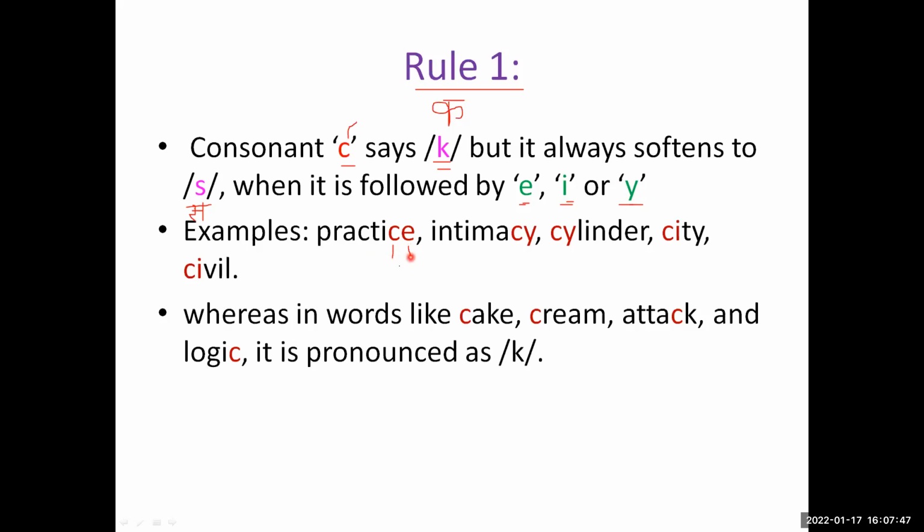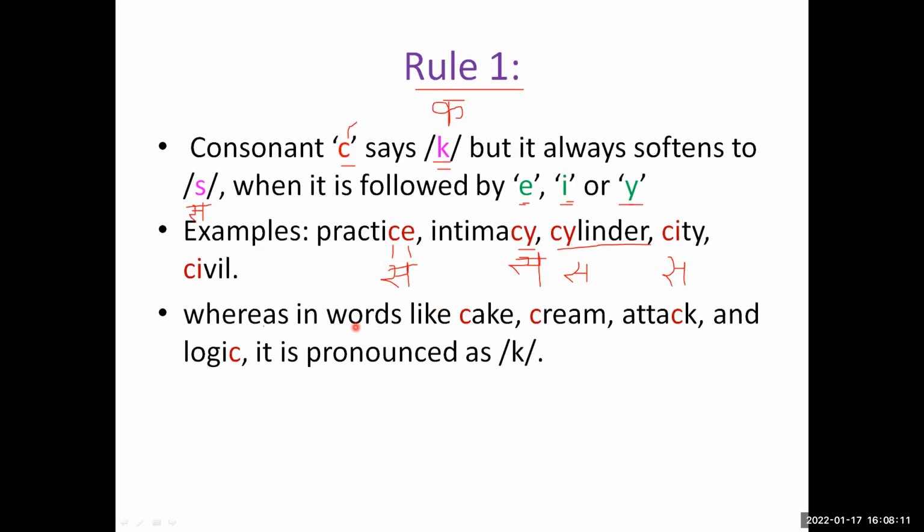There is E. So how are we going to call it? Practic or practice? It is /s/. So it becomes /s/. Next is intimacy. Here after C there is Y. So C sounds /s/. Cylinder. Here you will come to know after C there is Y. So the sound is /s/. City, the sound is /s/.